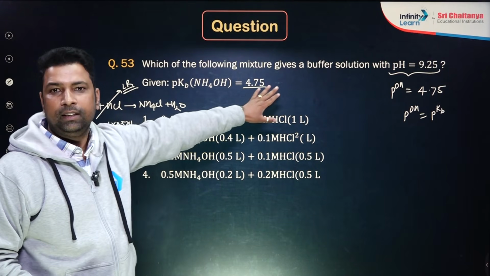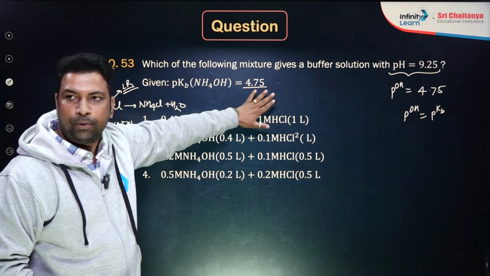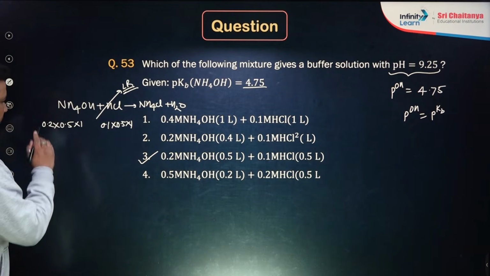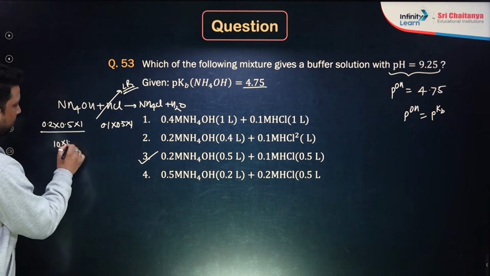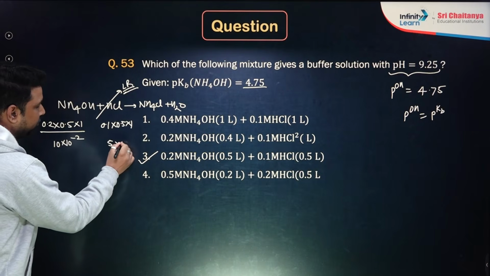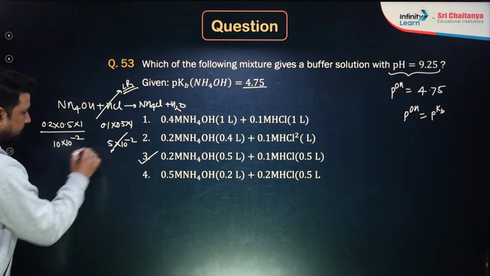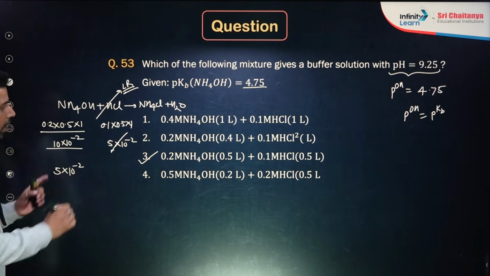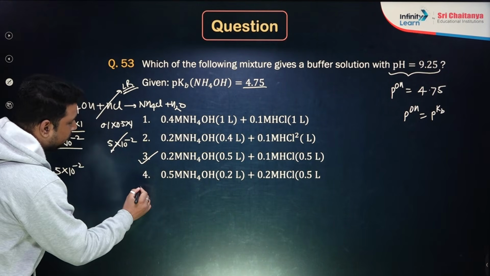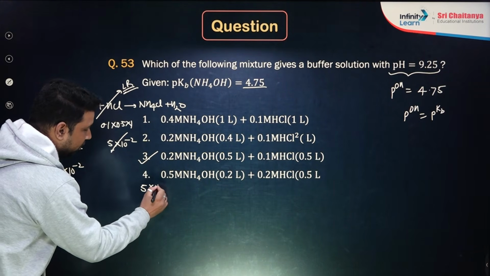But pOH has to be 4.75. If you solve this, it will be simply 10 into 10 to the power minus 2 and this is 5 into 10 to the power minus 2. So this is limiting, it will be consumed completely, the remaining part will be 5 into 10 to the power minus 2 and that amount of NH4Cl will form, it is also 5 into 10 to the power minus 2.